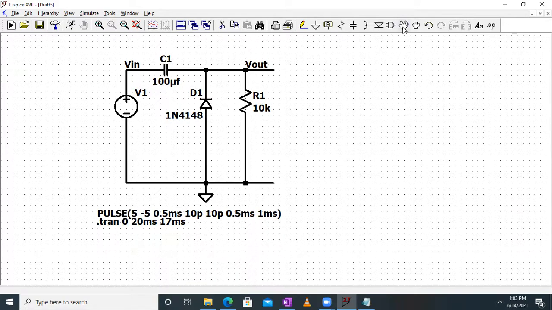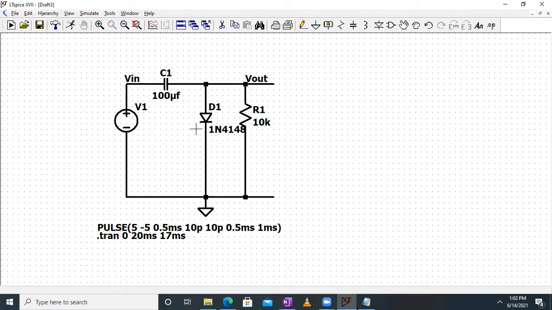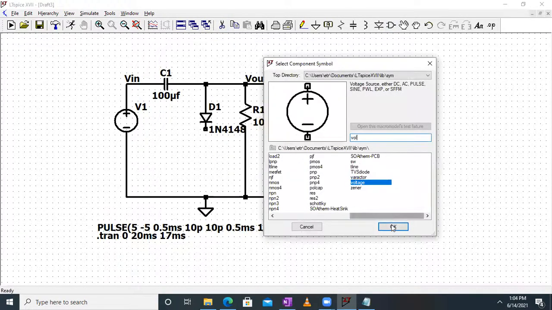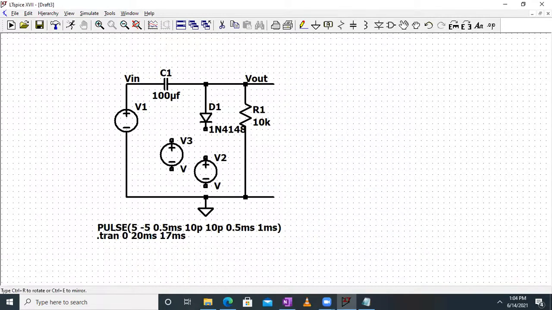Now I will remove this diode and reverse the polarity. Then I'll delete this wire from here to add the supply voltage. Fine. So I'll go to voltage source and add a supply voltage over here, and connect it together.